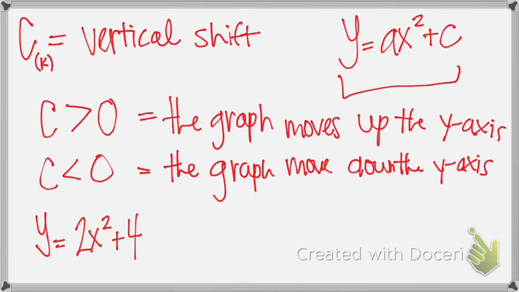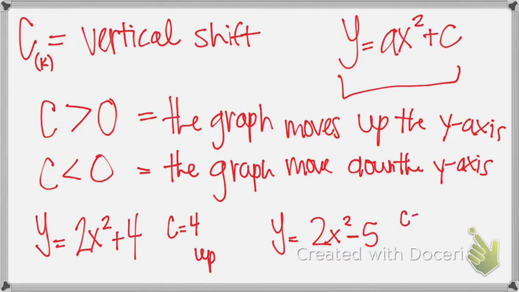What is the C value? 4. It's a positive number, so it's going up. All right, now C is -5, so it's going down.